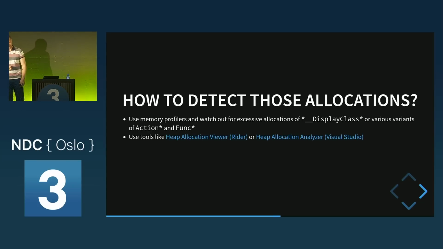Or a more proactive way of doing it is you can use tools like heap allocation viewer in Rider or the heap allocation analyzer in Visual Studio, and that will proactively tell you when you're writing the code that you have a closure allocation. And then if it matters, if the code is executed at scale, you can avoid it by using the tricks I just showed you.